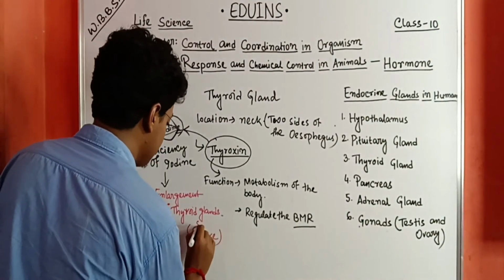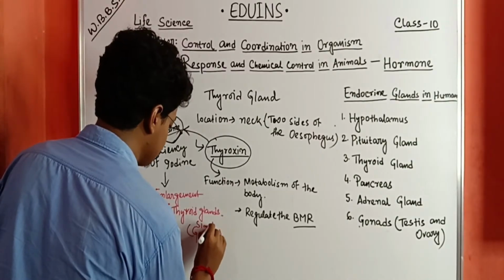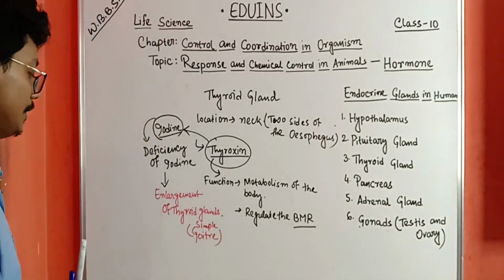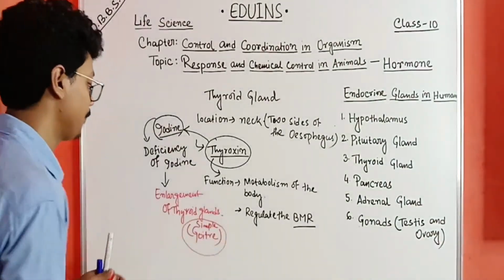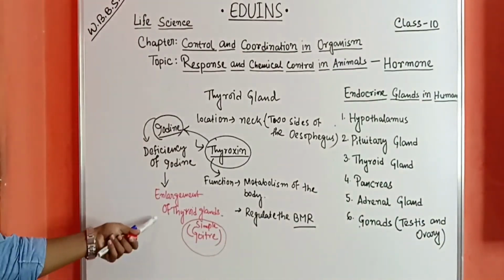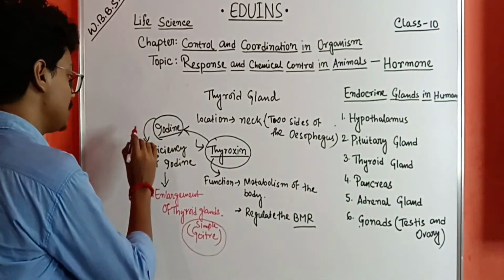This is known as simple goiter, the enlargement of the thyroid gland due to deficiency of iodine.